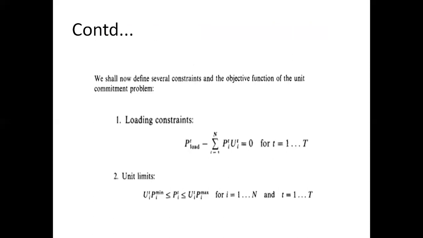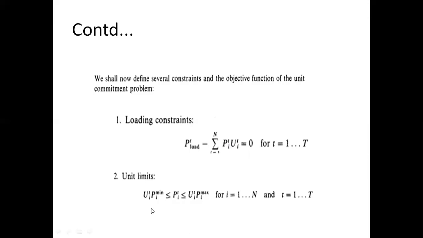Now we can define the several constraints and the objective function of the unit commitment problem. The loading constraint can be written as P_load^t, that is the total load, minus the summation over i equal to 1 to N of P_it U_it equals 0, for time period t equal to 1 to T. This is the loading constraint.